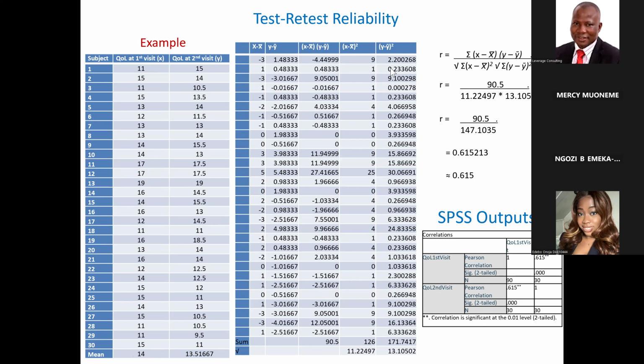Sometimes anything less than 0.65 or 0.6 is not reliable. Nobody has ever chosen any value less than 0.6 as reliable. You have 0.6, 0.7, 0.65 as reliable. Anything less than 0.6, less than 60% correlation, is not reliable.